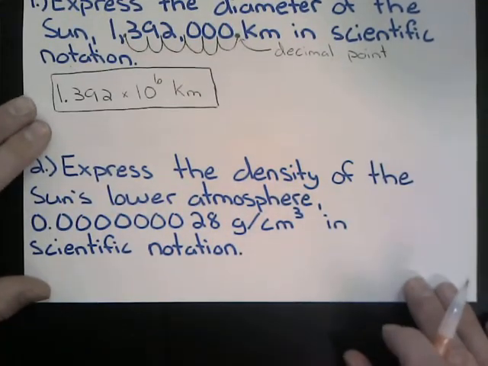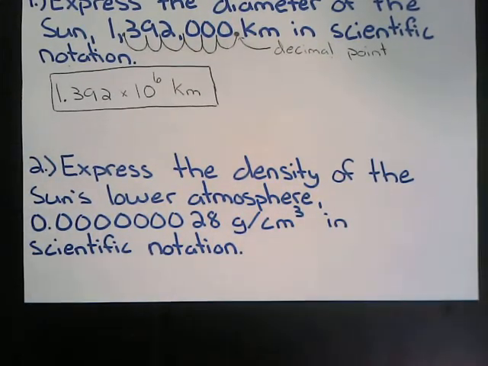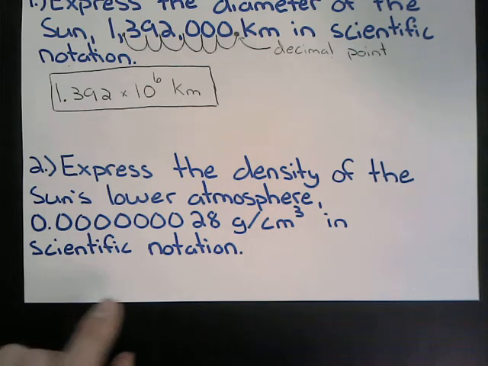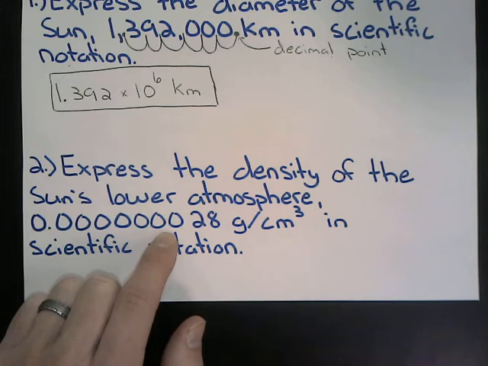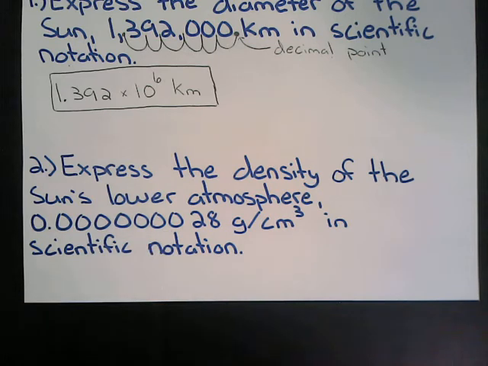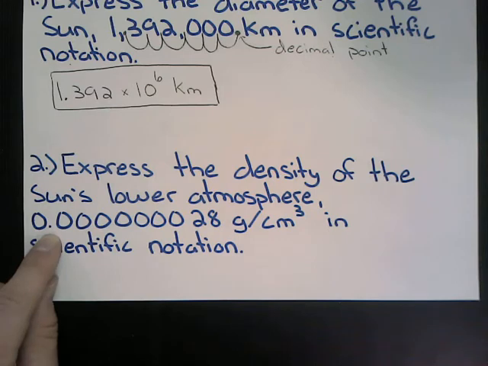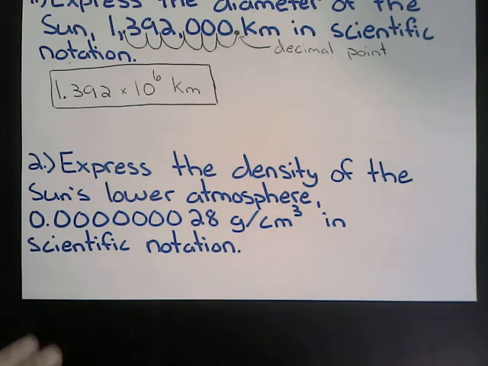Now it says here, express the density of the sun's lower atmosphere in scientific notation. So we ask ourselves here, the density that is given is much, much smaller than 1. So the rule for putting a number that is much smaller than 1 into scientific notation is you start at the decimal point, which is given, and you move to the right. Now, the number of places moved to the right becomes that negative power.